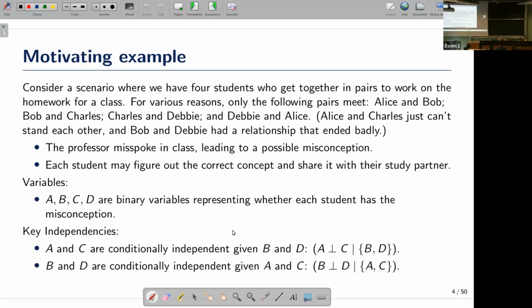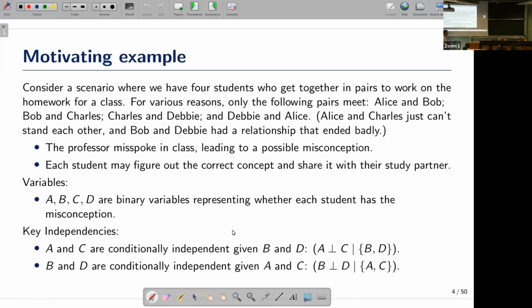Now, the challenge is to try to represent these conditional independencies with a DAG. Try it. I gave you the independencies, I gave you the problem.